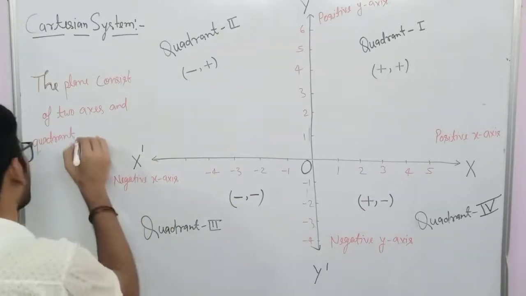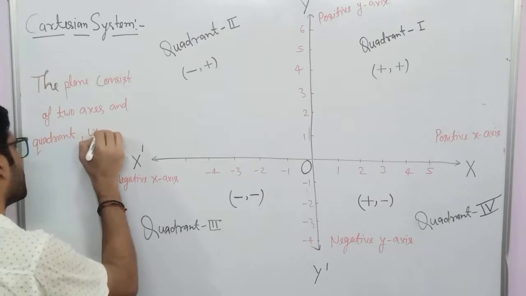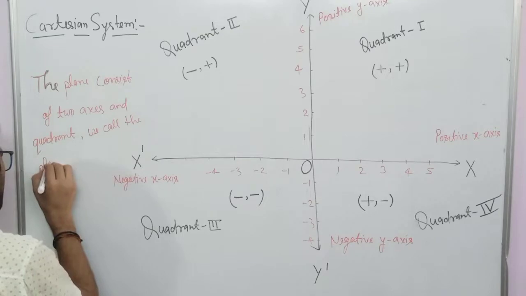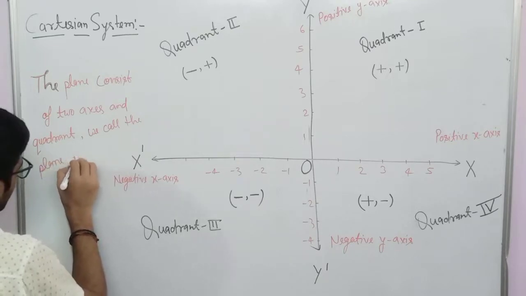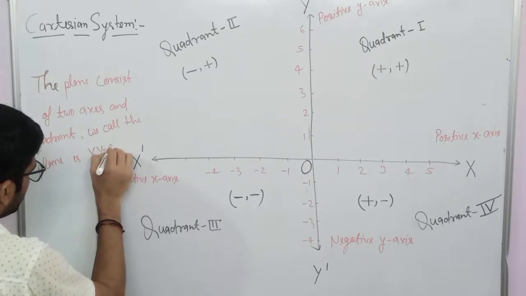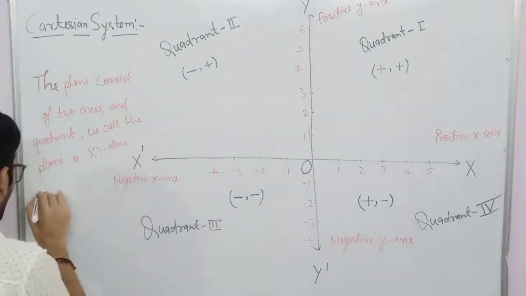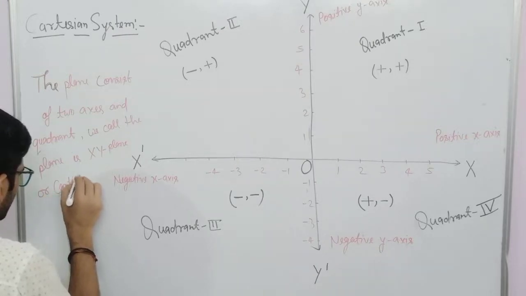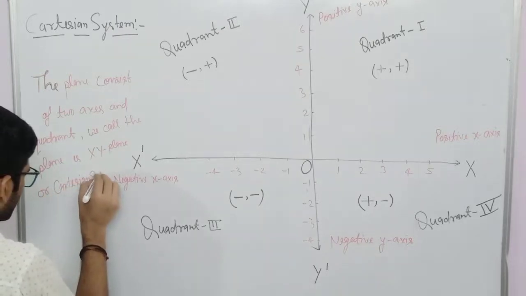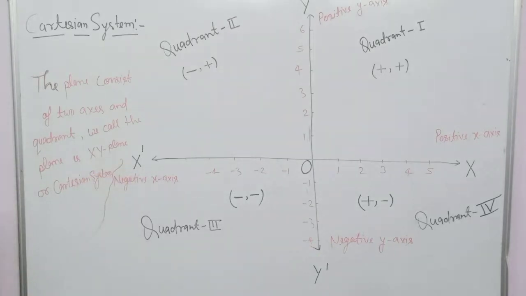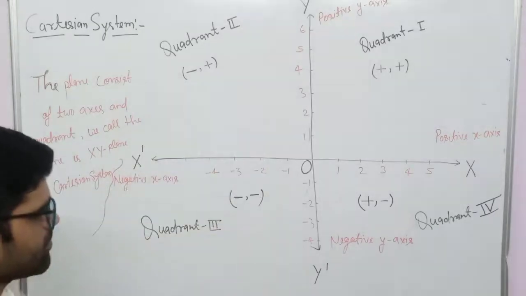We call the plane the xy plane or Cartesian system. Okay, you can write it this way. This is the representation of the Cartesian system.